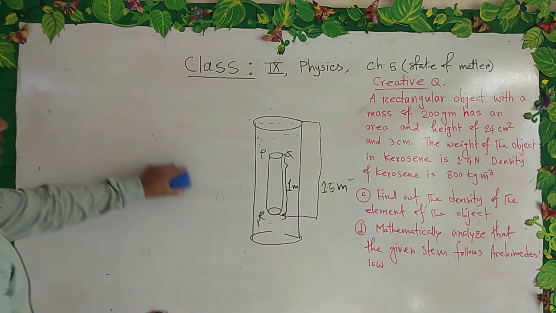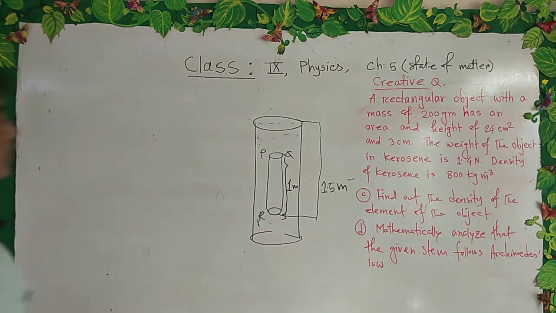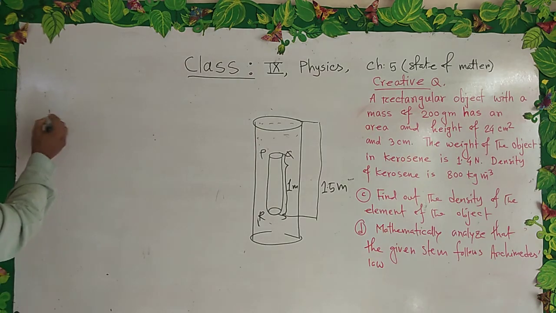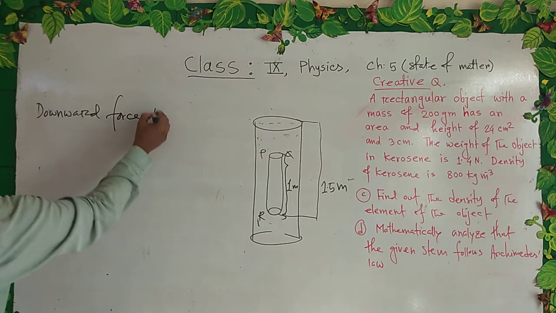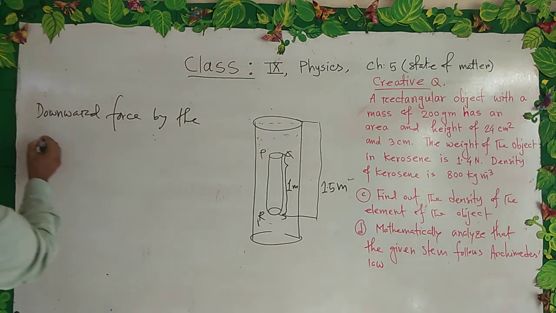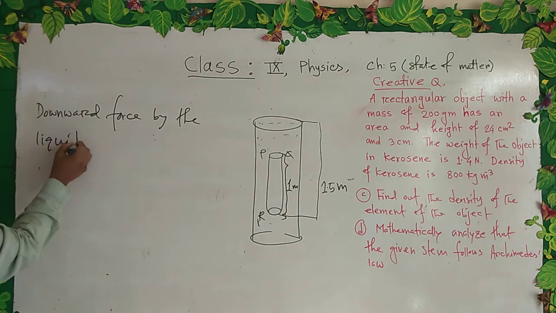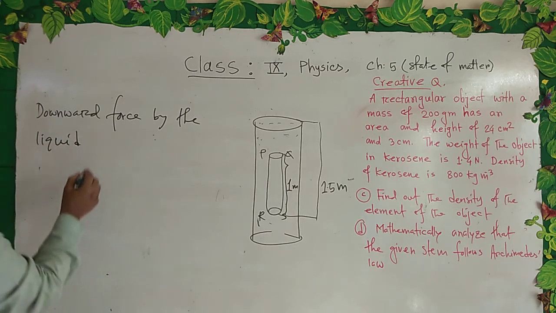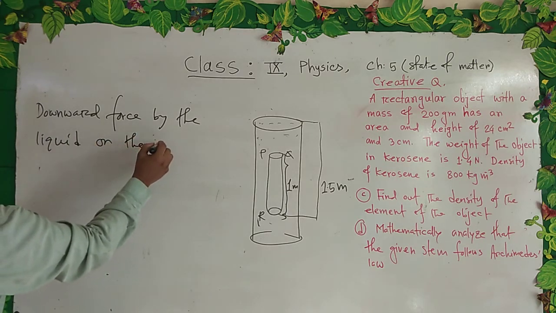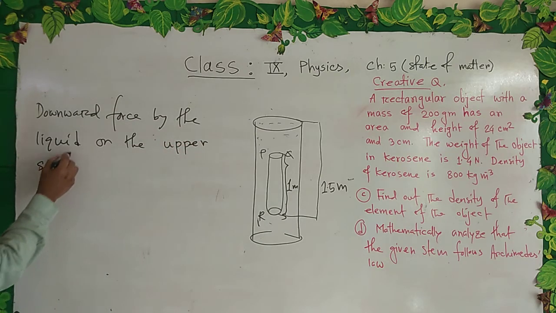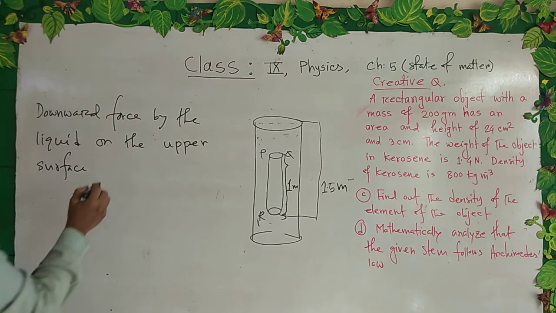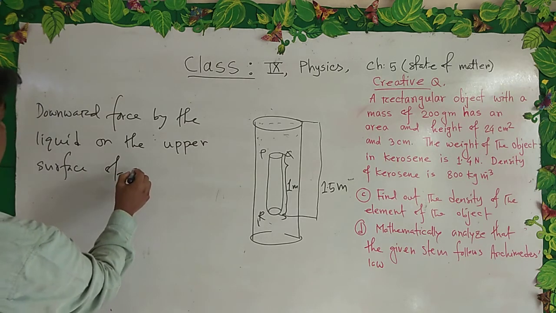So here you are asked to find out the downward force by the liquid on the upper surface of the cylinder.